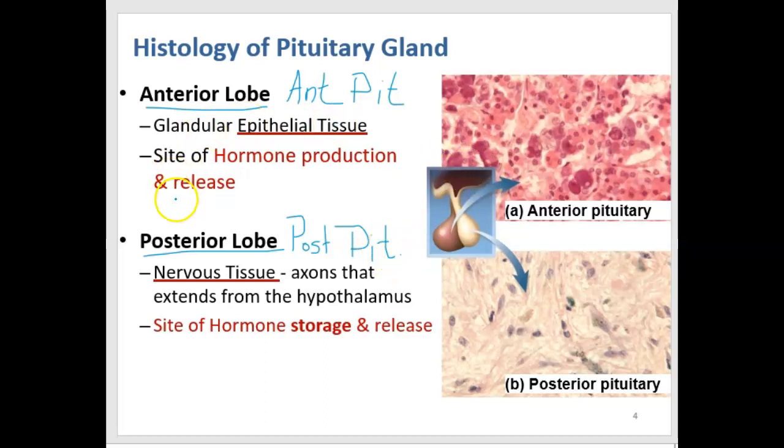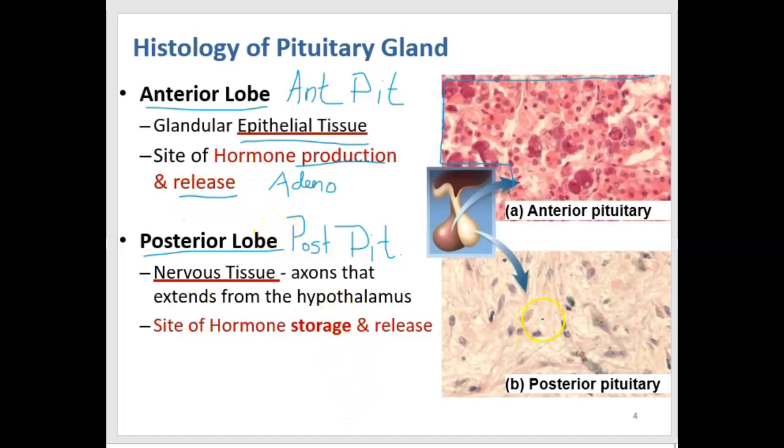Now the names adenohypophysis and neurohypophysis come from the types of tissue that are present in each lobe. The anterior pituitary, there's a histology picture over here, is made up of epithelial cells, and the prefix adeno refers to epithelial cells. So the anterior lobe epithelial tissue will actually make hormones and release those hormones to the bloodstream.